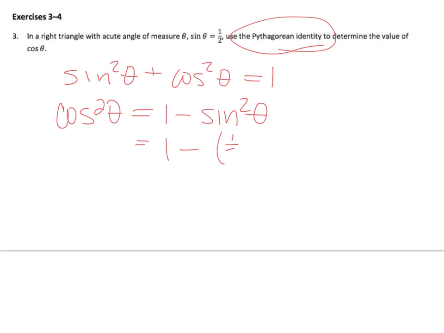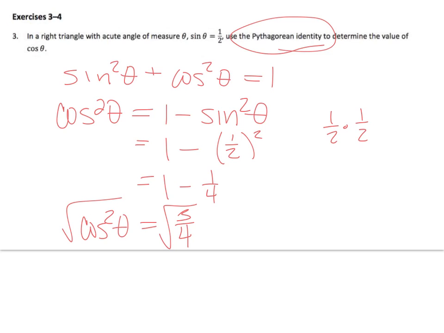Sine theta is 1/2, so 1 minus 1/2 squared. When I square a fraction, I'm really multiplying it by itself, so 1 minus 1/4, which is 3/4. So cosine squared theta equals 3/4. Square root of both sides: cosine theta equals square root of 3 over 2.